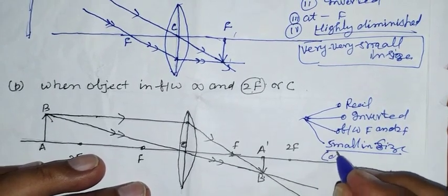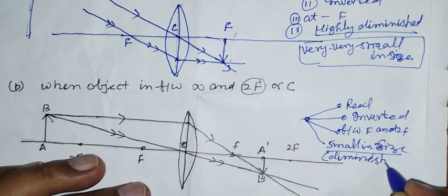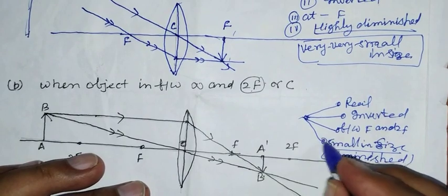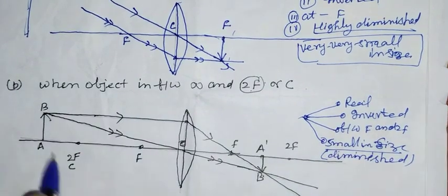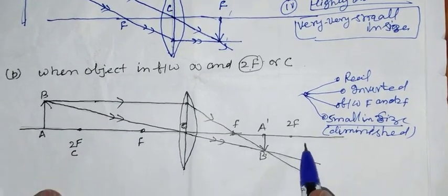Small in size is also called diminished. So these are the four characteristics of the image formed in this case.